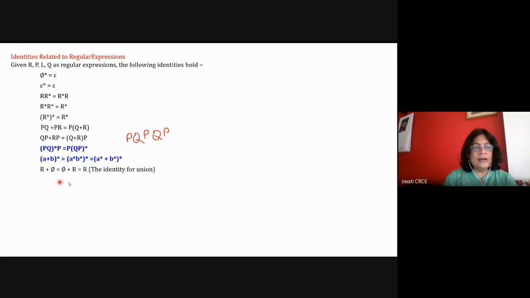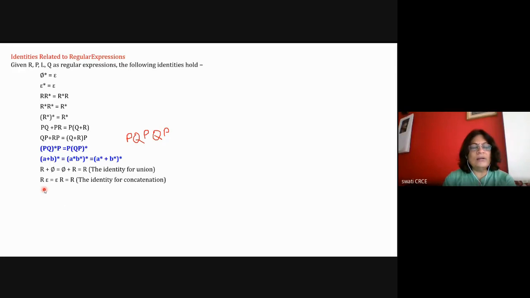Okay, then another rule is that identity for union is R plus empty set is equal to, this is empty set. So regular expression plus empty set is nothing but empty set plus regular expression, that is nothing but the regular expression. Okay, so this is the first identity.